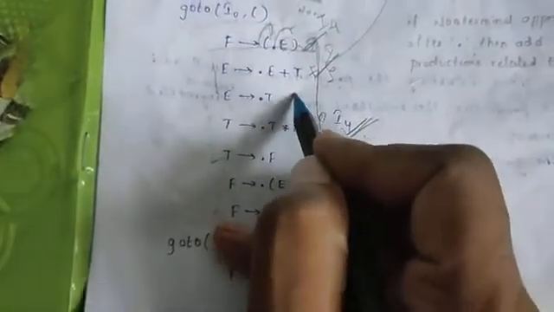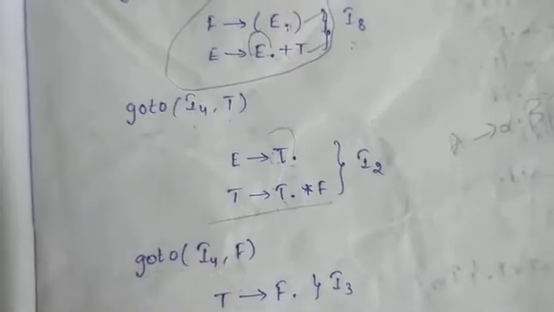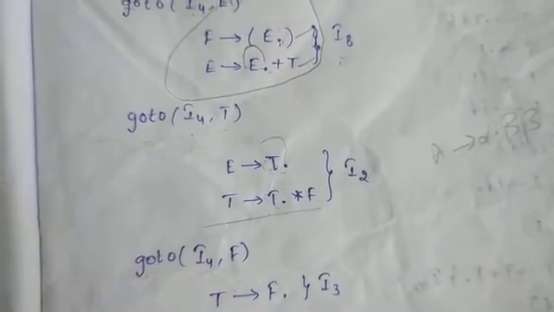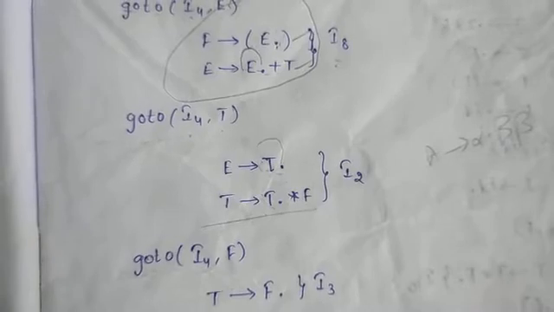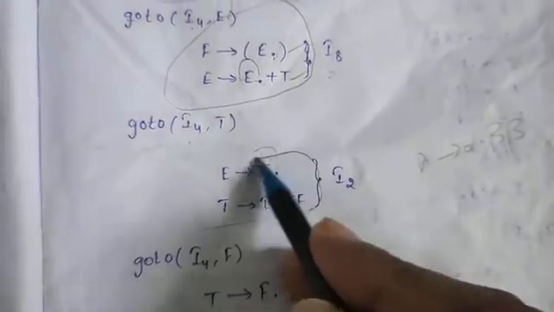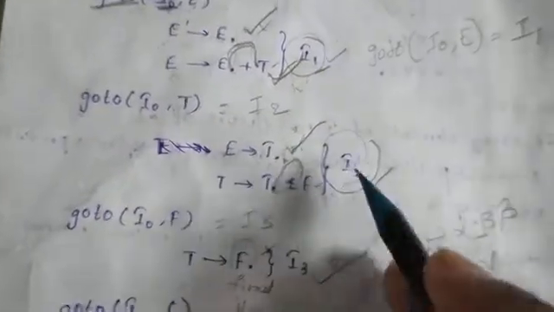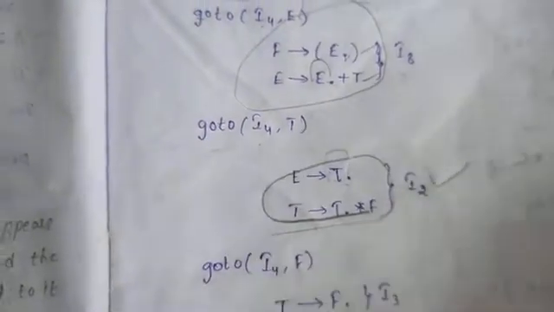While moving the dots over T in these two productions, we get E tends to T dot, T tends to T dot star F. These two productions match the already existing state, that is nothing but I2. For that reason, this should be named I2. It is not a new state, it is the already existing state I2.